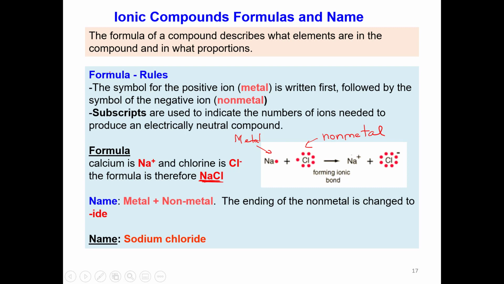Another important thing we need to check is if the new compound is electrically neutral. And you can see here the charge for sodium is +1, and the charge for chlorine is -1. Then +1 and -1 is neutral, yes, it's 0.